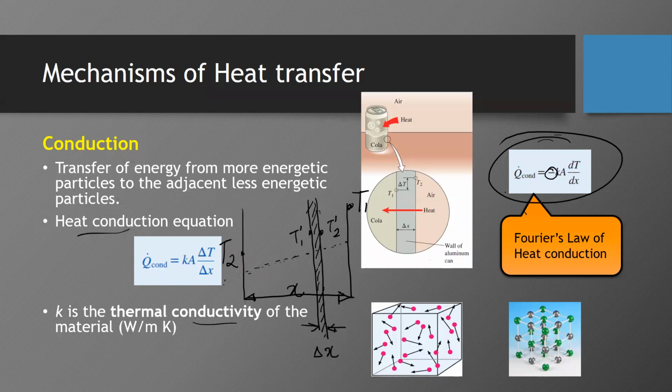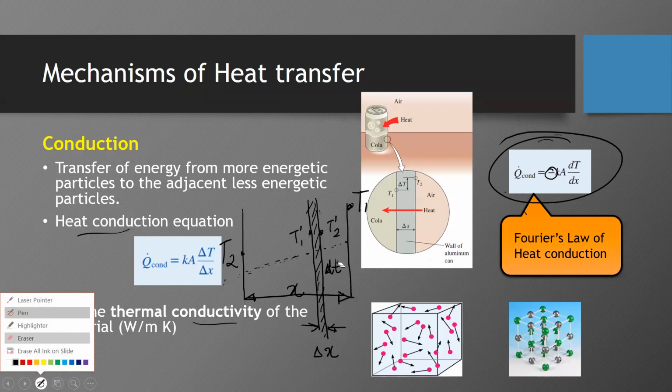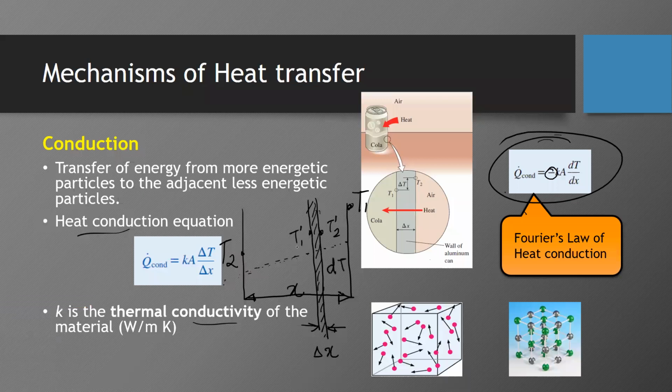So when we get this small differential component, delta T1 dash T2 dash minus T1 dash, or the dT, sorry, that is actually capital T, dT, that is the temperature difference, okay?